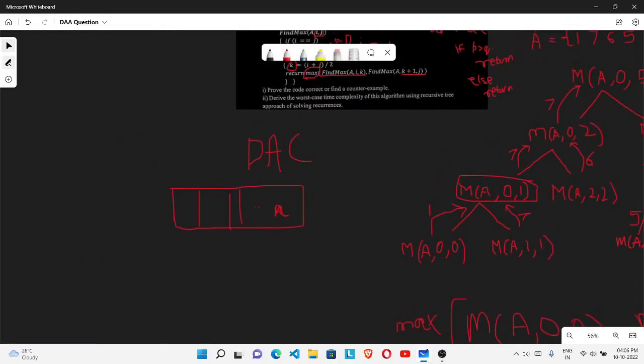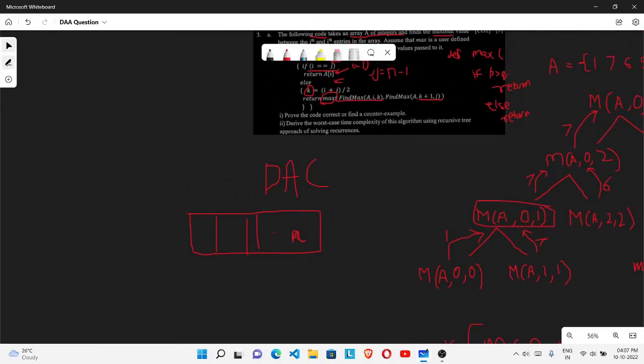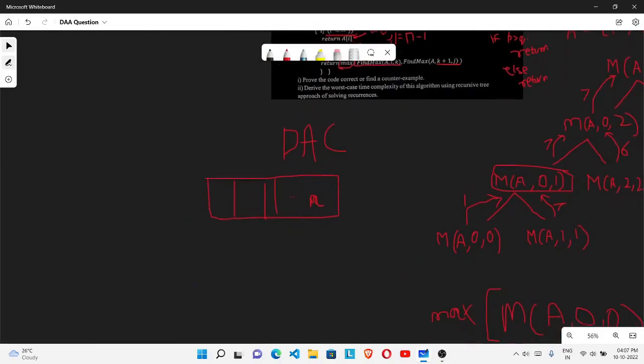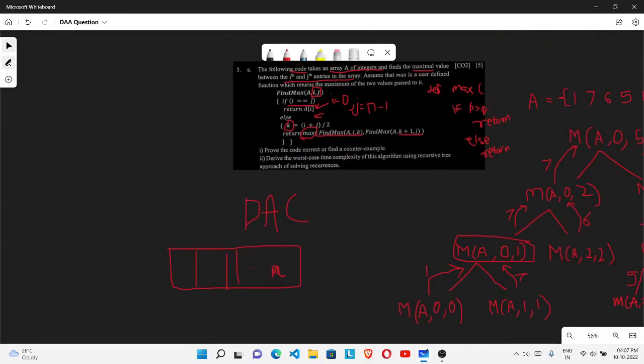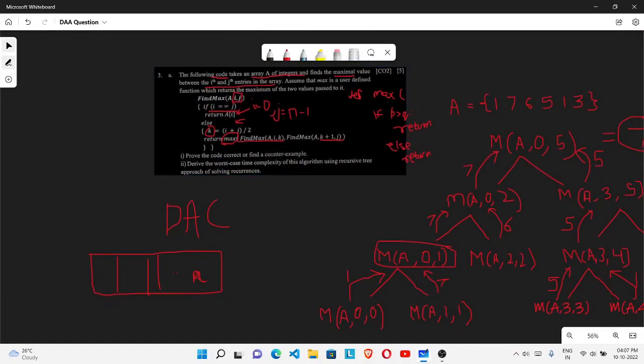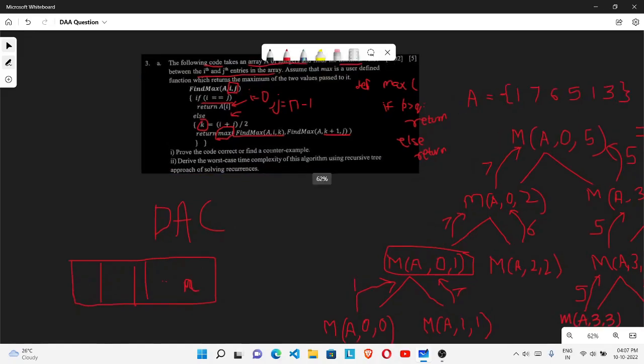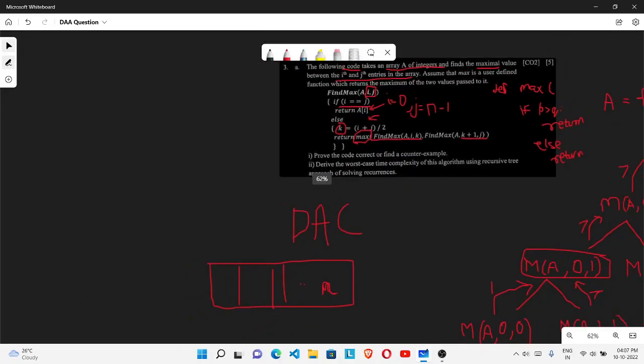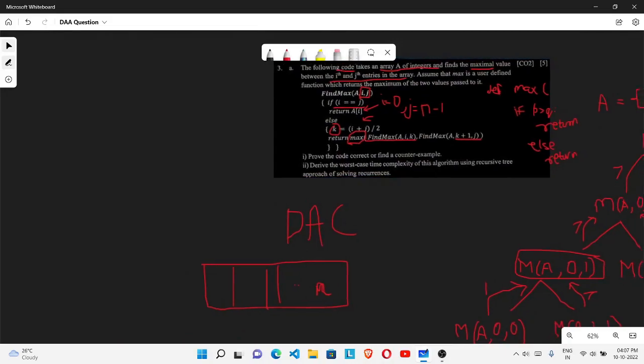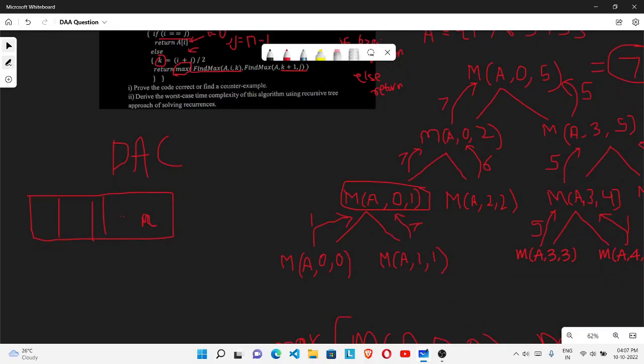Wait, sorry. We are dividing the array into equal parts till we reach the single element, and then we are comparing and returning the maximum element at every call.